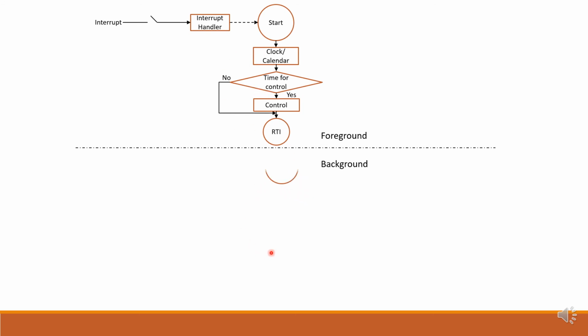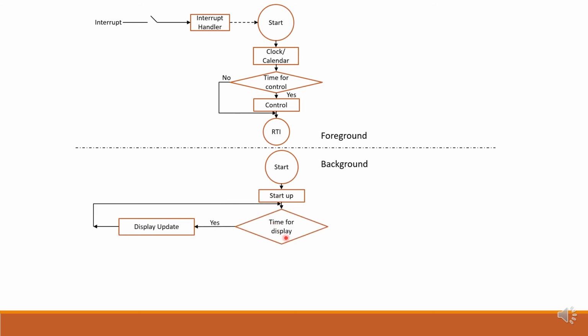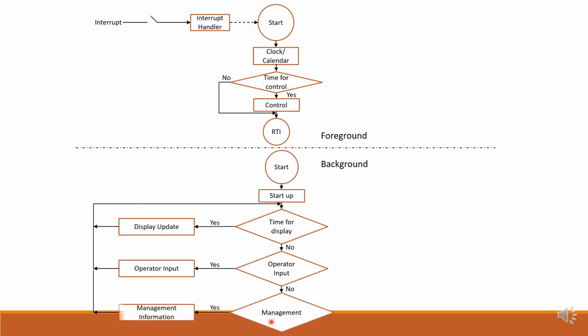All the rest of the modules including startup was an interactive module, so it is under background task. So these will also run in background, operator input will run in background, and management information. So this foreground and background approach says that there is a clear partitioning, clear separation between two parts of the system. So one with foreground and another with background.